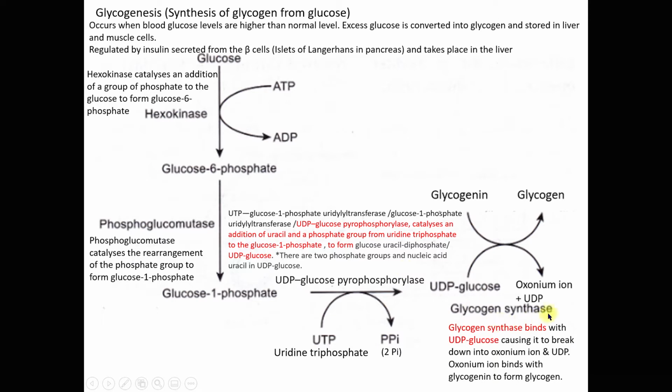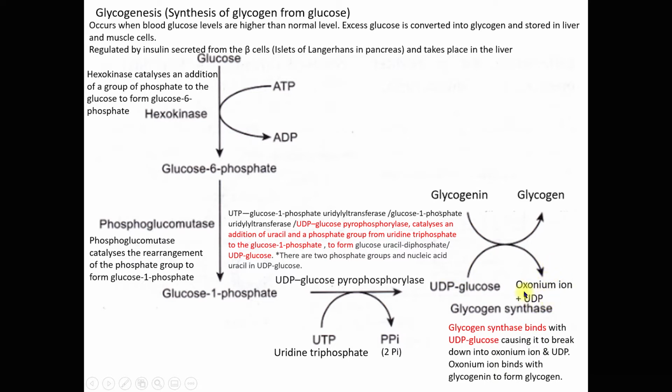Glycogen synthase will bind to this UDP glucose, and this will cause the UDP glucose to break down into oxonium ion and UDP.